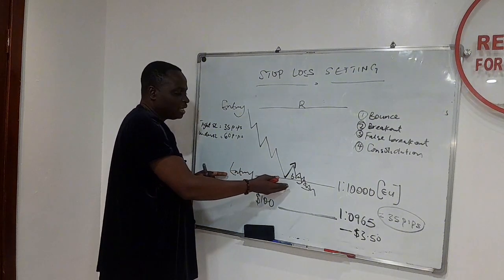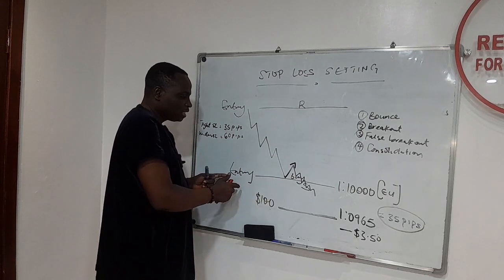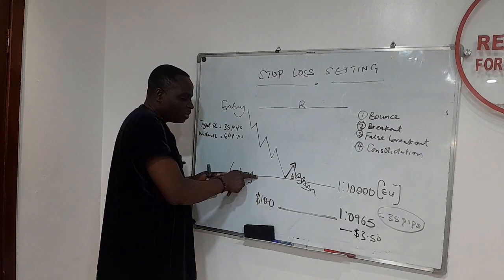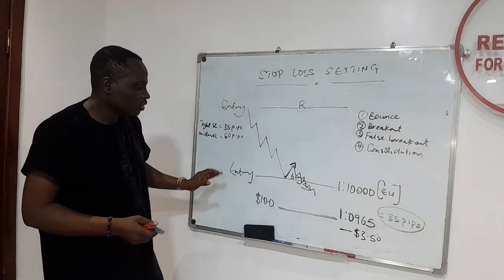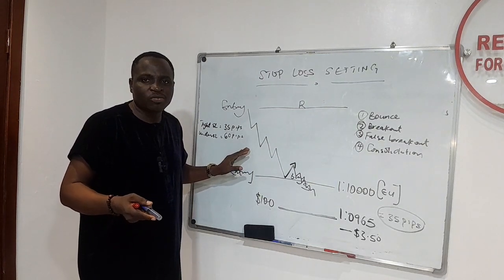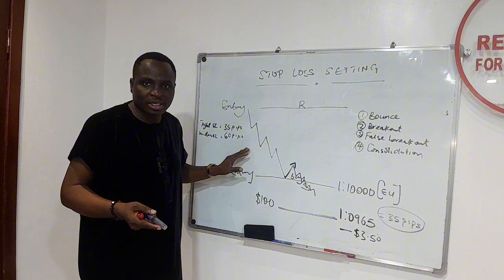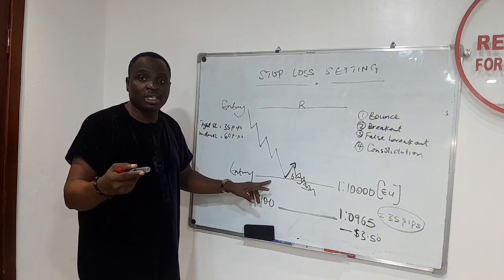What makes it a professional stop loss setting now is that you are entering at the key levels. We don't recommend plotting your key level on 5 minutes, on 15 minutes, even 1 hour. We recommend at least a 4 hour key level.